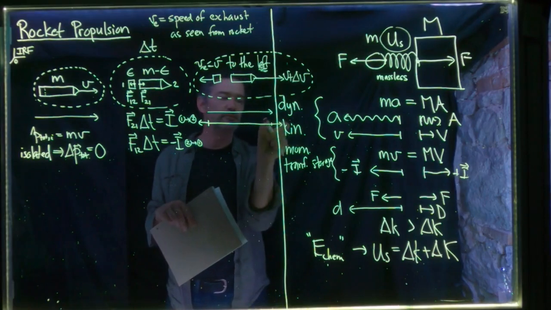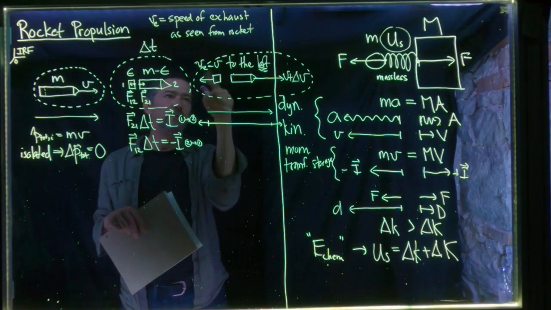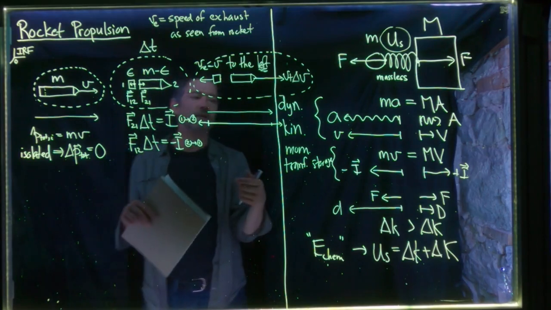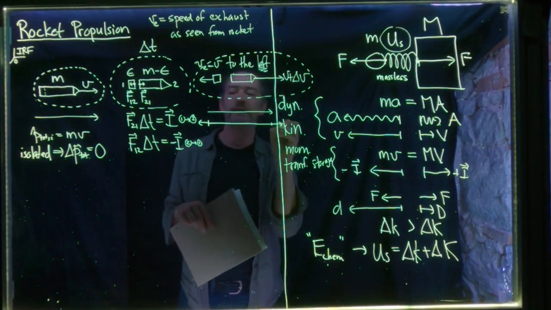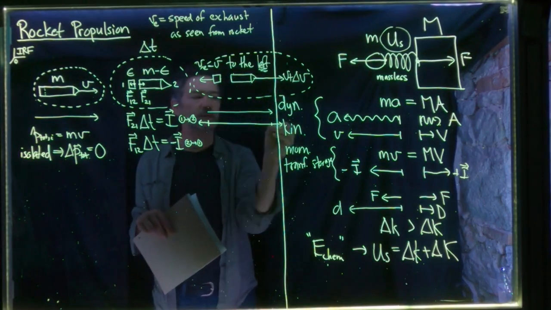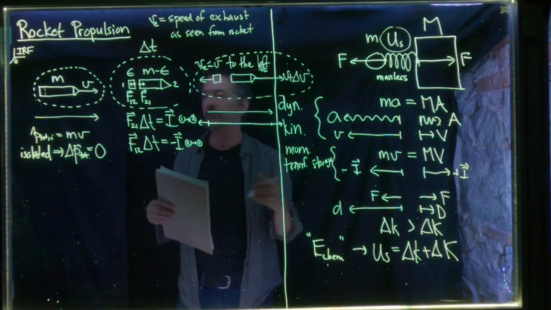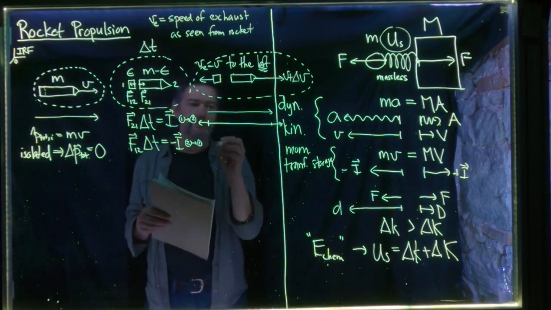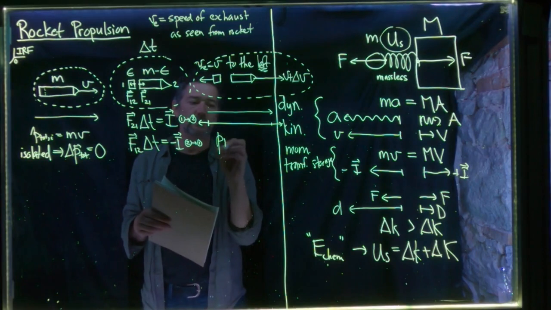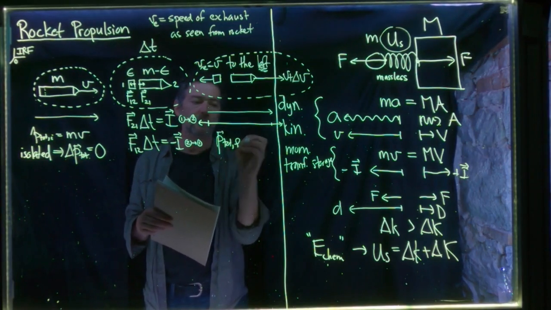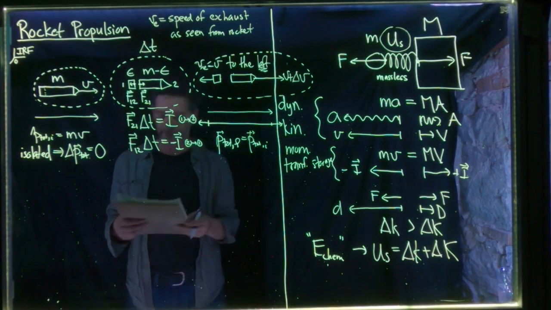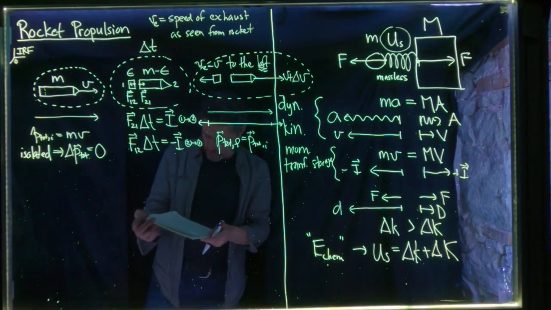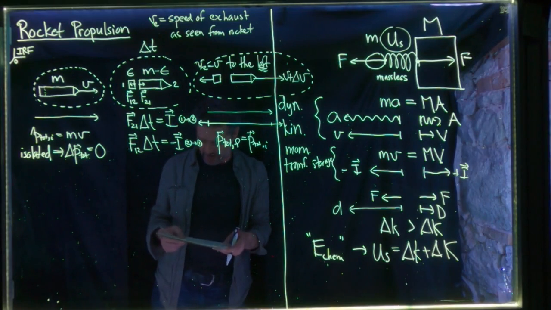So this little extra bit of momentum of the rocket to the right is compensated for by the little bit of momentum of those exhaust gas particles to the left, so that the momentum of the rocket to the right plus the momentum of the exhaust gas particles to the left is actually the original momentum of the rocket. So it's the same. P total final is equal to P total initial. Okay? Great.